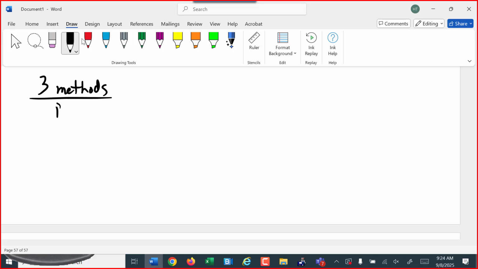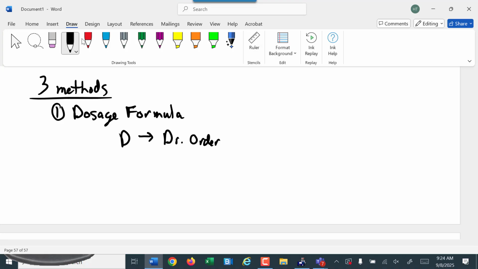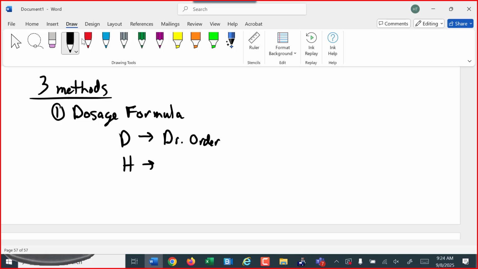So the first method is called the dosage formula. And just to define some variables, D in any of these is the doctor's order. H is what we refer to as an on-hand dose.